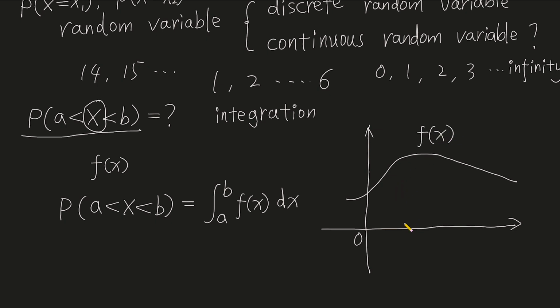Then we can find point A on the x-axis. This is point A. We can find point B on the x-axis.